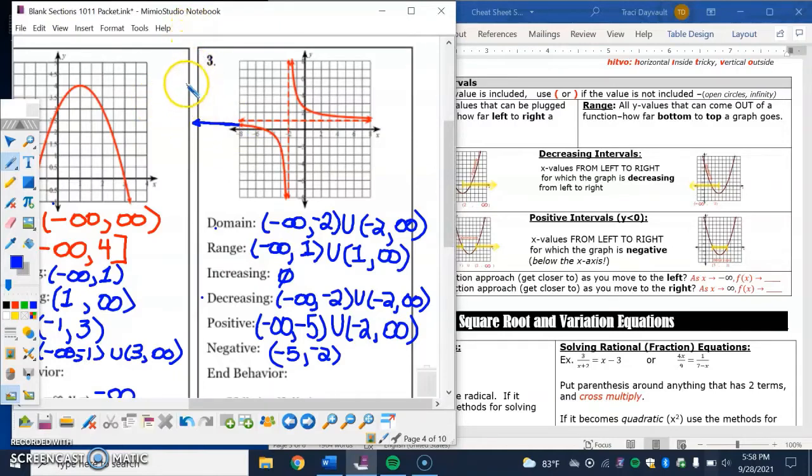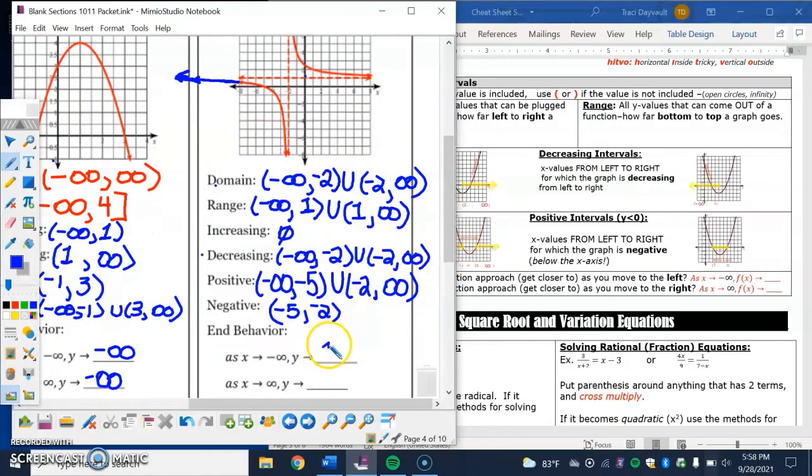It's not going to keep going up. It is going on forever, but not towards infinity. What is this approaching on the y-axis? It is approaching +1. So as x goes to -infinity, y is getting closer and closer to 1.